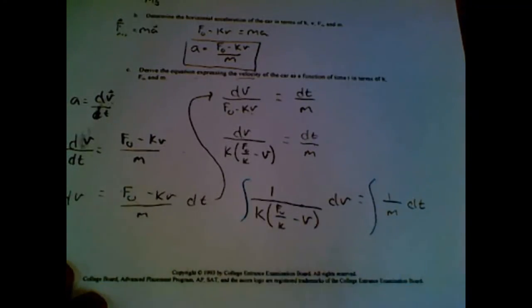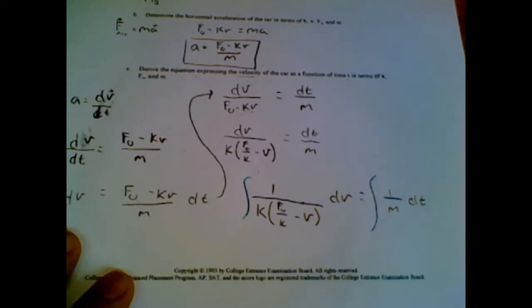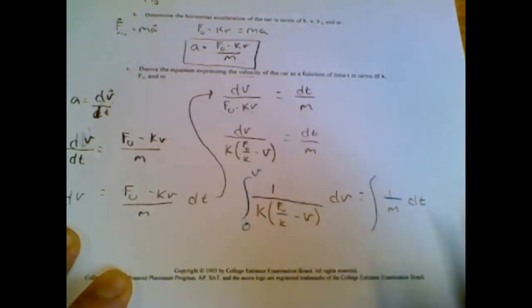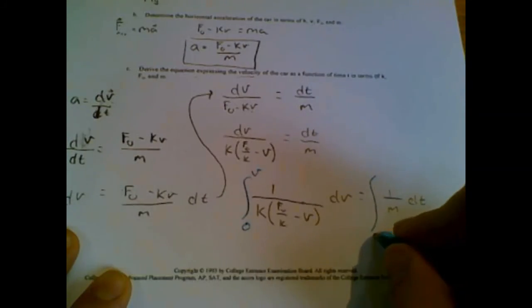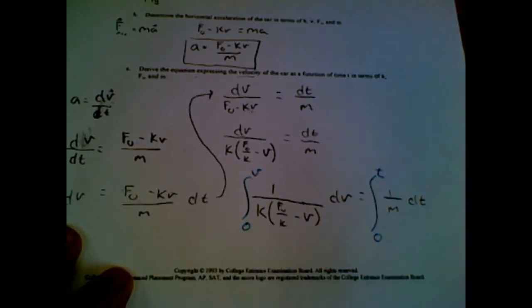Also, before I do that, my limits of integration. Since I'm starting at rest, I want to go from at rest to some velocity v, and I'm starting at some time 0 and ending at some later time t.